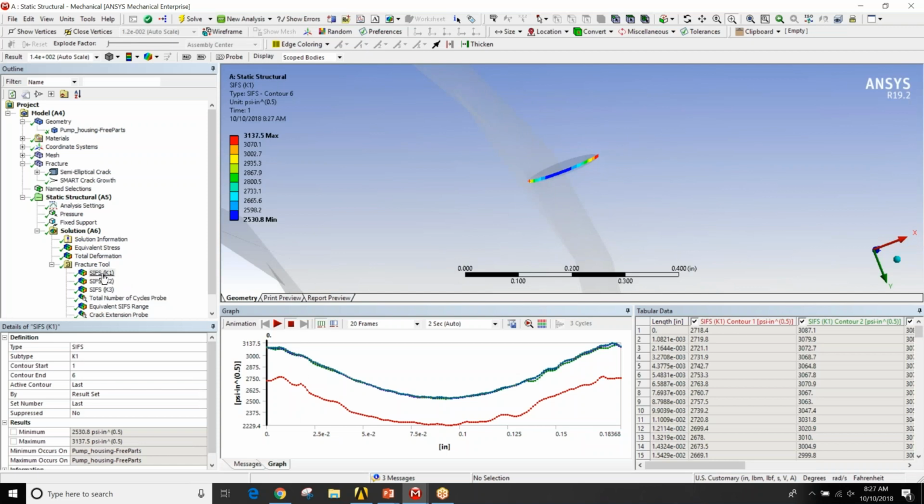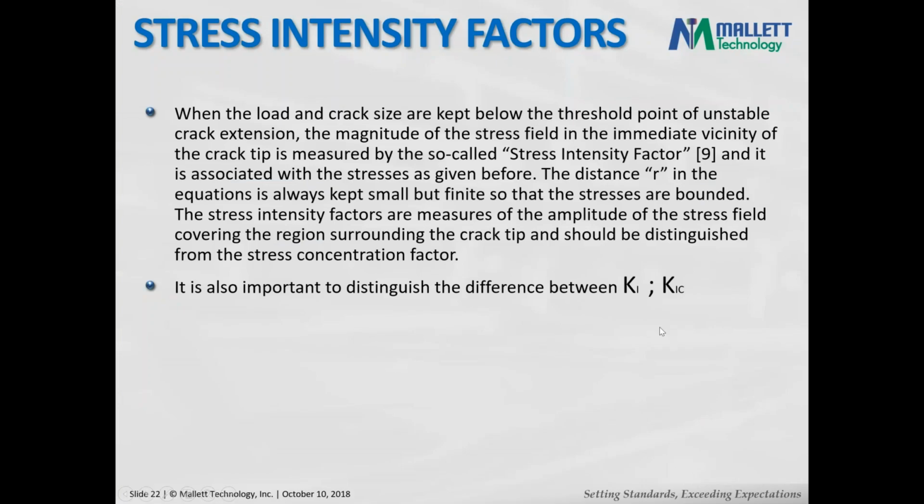Then our job as an engineer is to compare these stress intensity factors that are listed here and plotted here to K sub 1C, because K sub 1C is a material property. K sub 1C is going to determine if there is imminent failure or not.